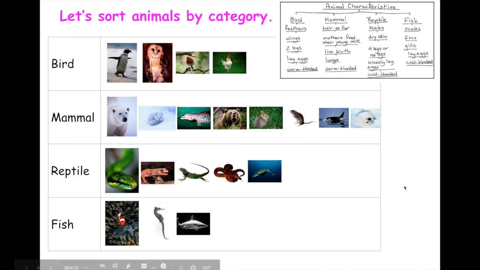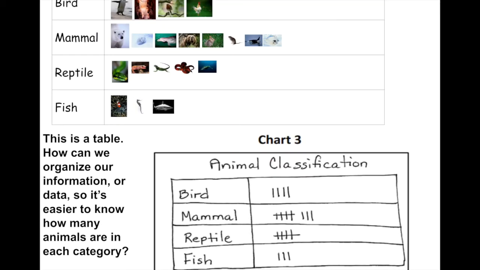Alright, so this is enough animals for us to start tabulating some data and developing some clear images of what this data means. So here we've created a table from our data. We've used tally marks to create this table to see the data more clearly. You see here the tally marks are bundled in groups of 5.